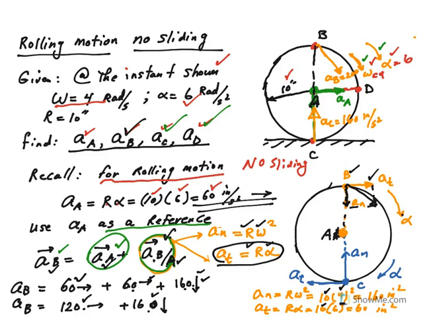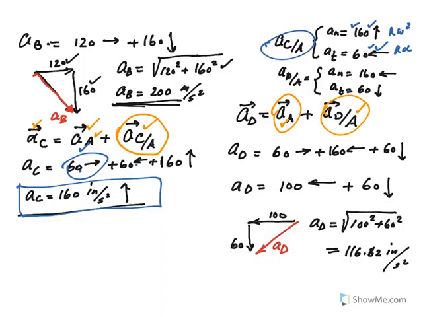If A is fixed, what is acceleration of this point? Again, two components: a normal component toward the center and a tangential component pointing down in the direction of alpha. And again, they are exactly the same. It's just that the components have different directions. The A N is 160, the A T is 60.